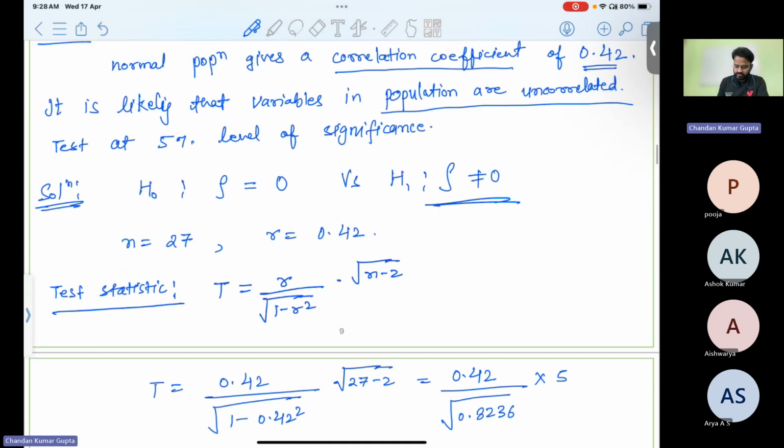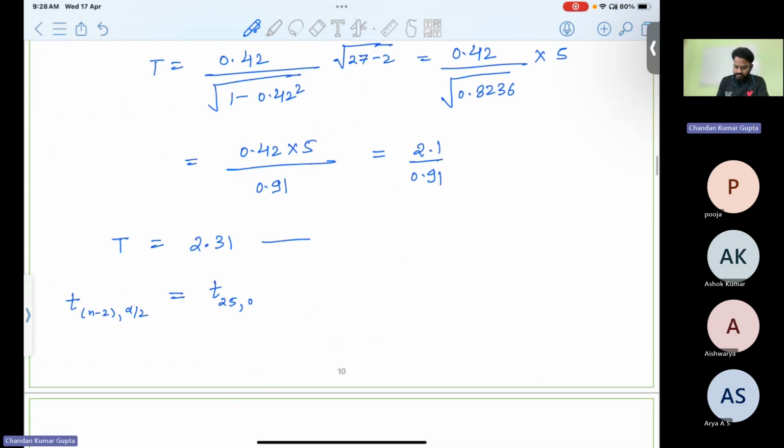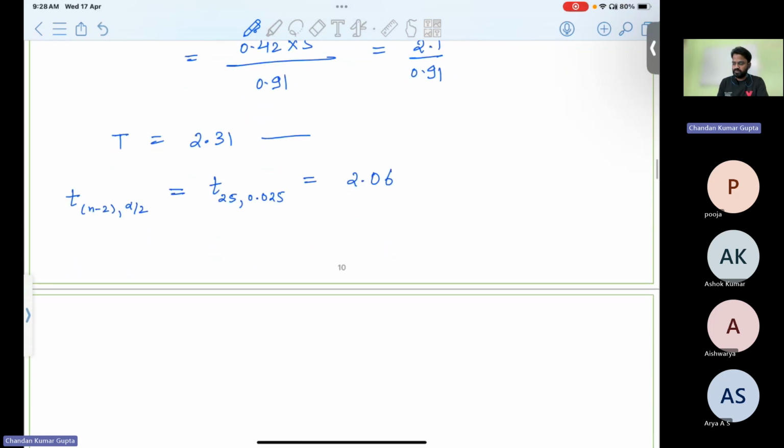Alpha is 5% level of significance, so that means 0.025. This value is taken from the t table at 25 degrees of freedom at the 0.025 column, and we get 2.06 as the tabulated value.